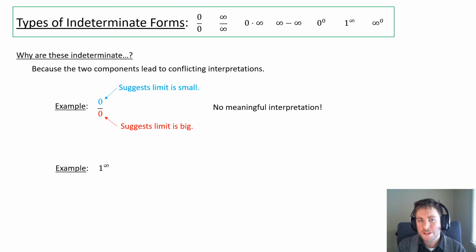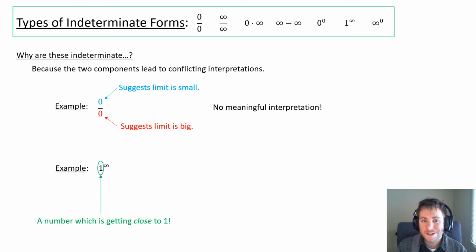What about 1 to the infinity? You might think 1 to the power of anything should just be 1, so why is this indeterminate? It's important to keep in mind that within the context of a limit, this 1 isn't really a 1. It's a number which is getting close to 1. Let's think about that carefully.